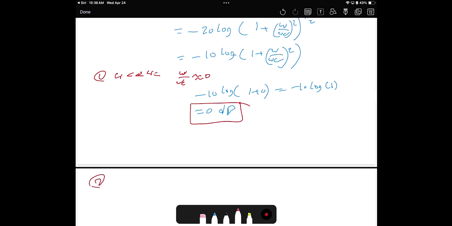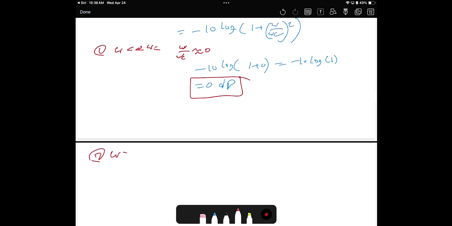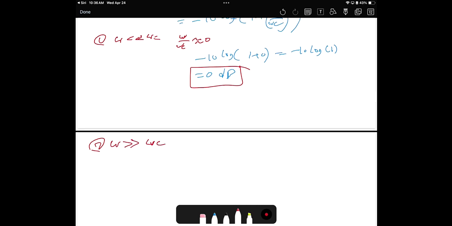Second scenario, the opposite: omega way larger than omega c, which means omega c is very low. As a result, what will happen is it will make omega over omega c a very large number, larger than 1. So it can be, for example, 1,000 or 1 million.